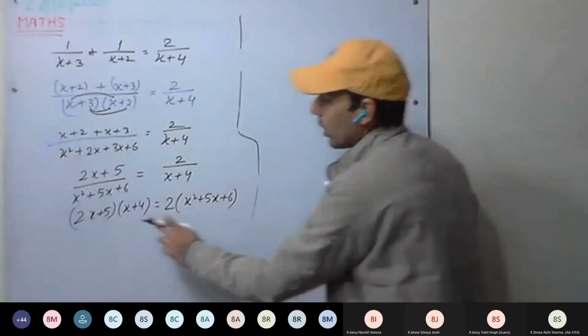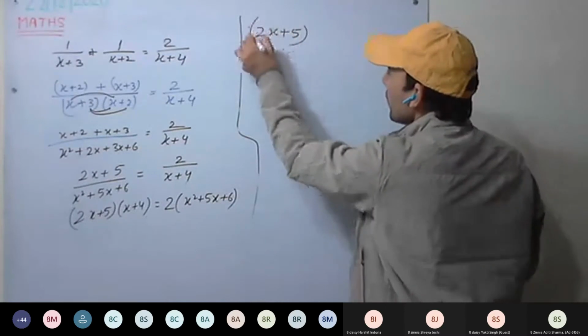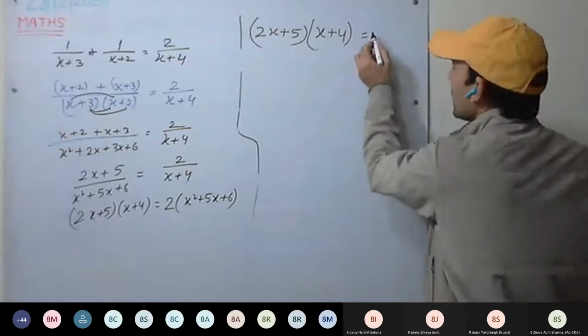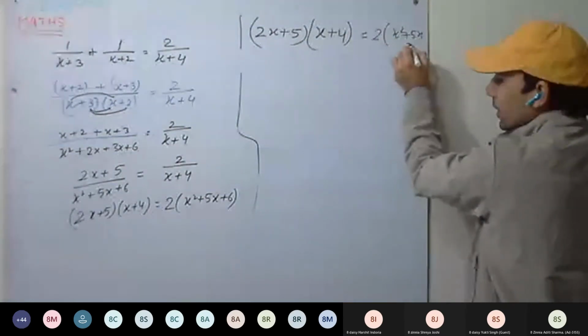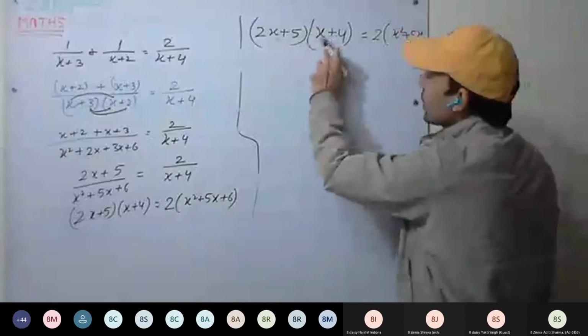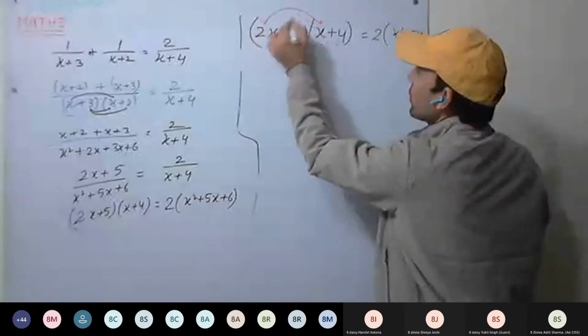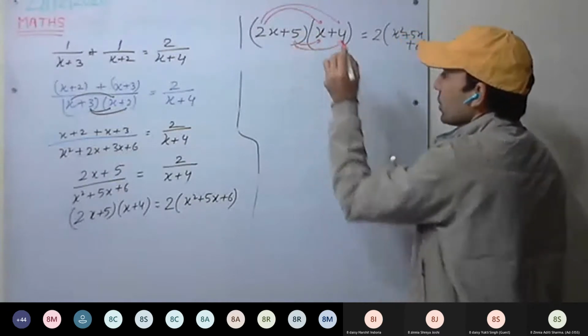Now what you have got: 2x plus 5 into x plus 4 equals 2 into x square plus 5x plus 6. Solve this one. So 2x will be multiplied with these two, and 5 with these two.